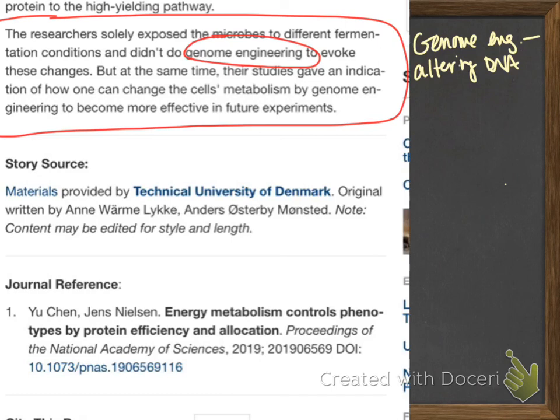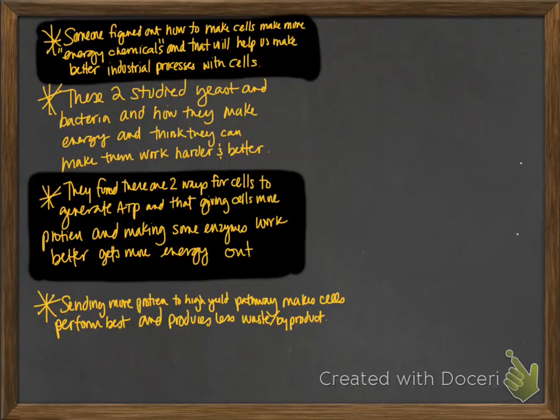Let's look at all of our summaries and try to put them together into one coherent thing. So initially, I'm just going to look at my 4 summaries for my little chunks. Someone figured out how to make cells make more energy chemicals, and that will help us make better industrial processes. These guys, those someones, studied yeast and bacteria and how they make energy and think they can make them work harder and better.